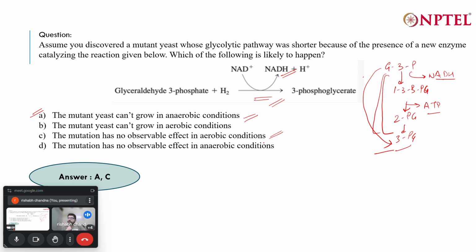So it can grow freely in the aerobic conditions. But it will not be able to grow in the anaerobic conditions. Okay, so options A and C are correct here. Okay, any doubts in this question?